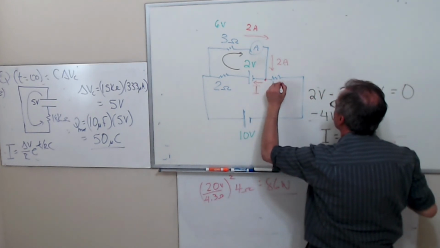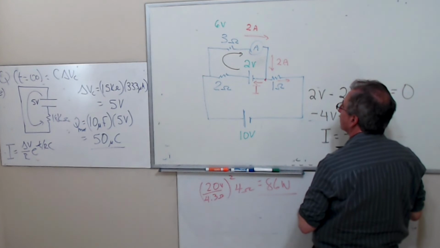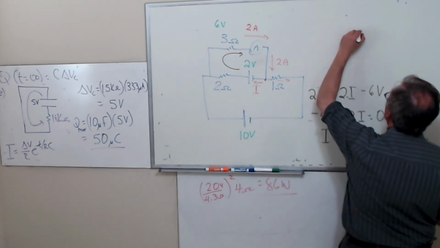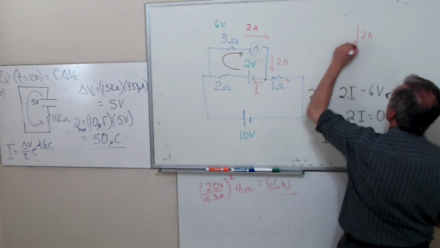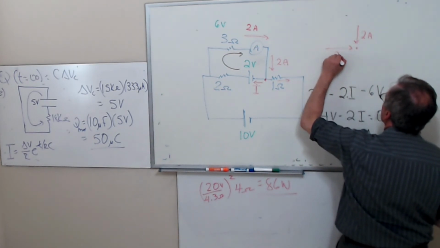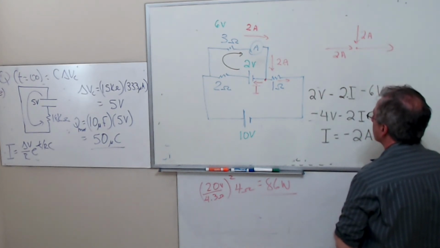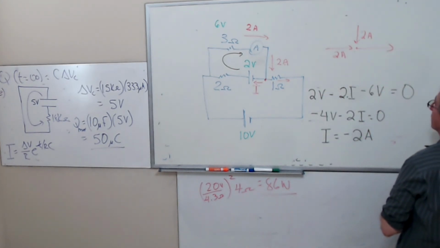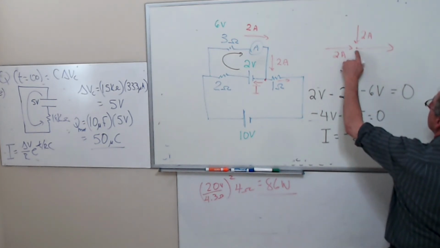What's going out this way? It's asking for the current, right? I was talking about the 1 ohm resistor. What's going through that 1 ohm resistor? You have 2 amps coming here and 2 amps coming here.